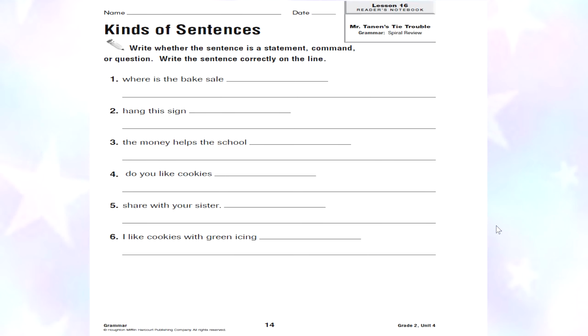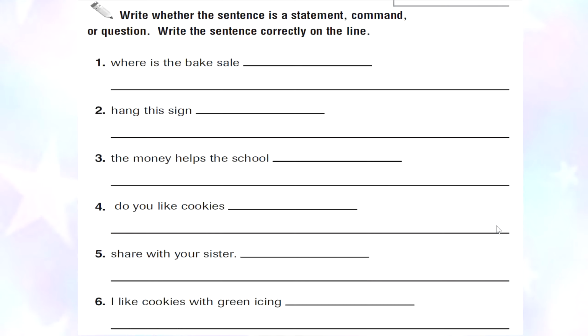Now bring your reader's notebook, please, and open page 14. Write whether the sentence is a statement, command, or question. So you have 3 types of sentences in this exercise. Circle, statement. It can be a sentence that tells something.